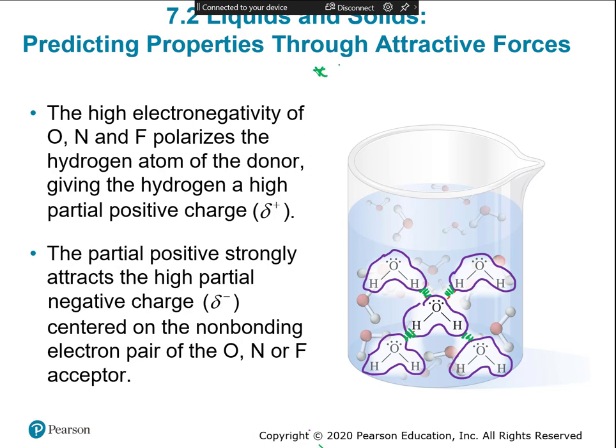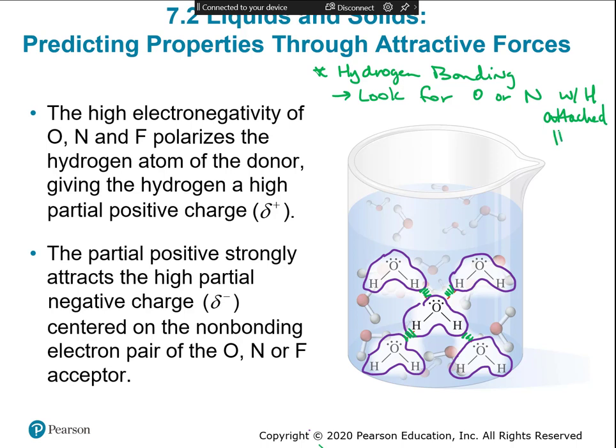So the big one to remember with hydrogen bonding, just look for an oxygen or a nitrogen with a hydrogen attached to it, like H2O, like NH3, like CH3OH.